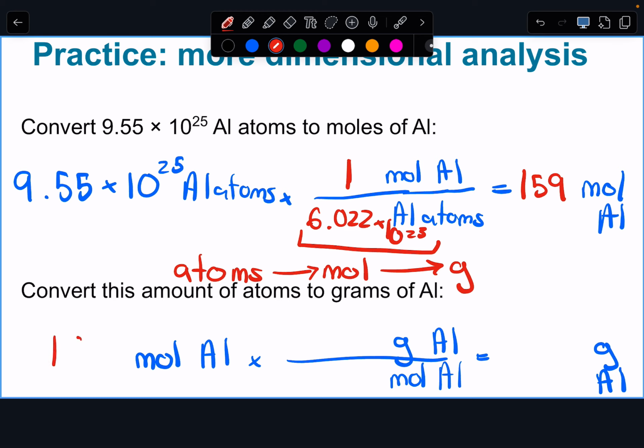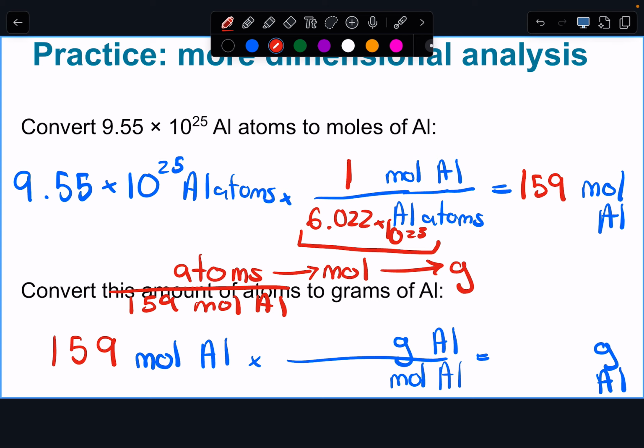We're going to take that 159 moles of atoms and we're going to convert that to grams. So if you want to change this question to just say convert 159 moles of aluminum to grams, that's what we're doing. It's just we've already done the atom to mole conversion.